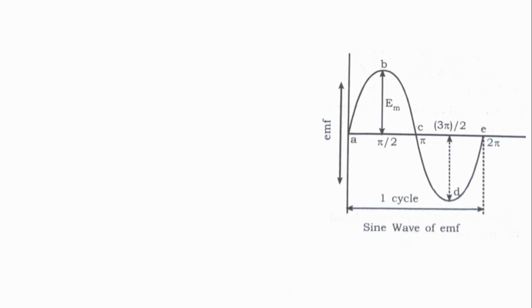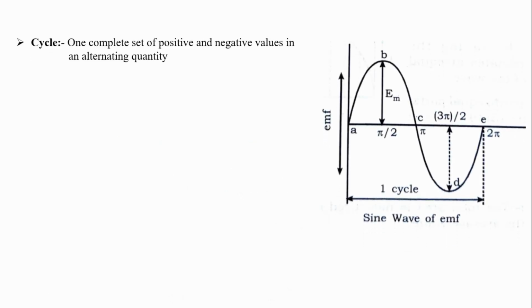So this is the sine waveform. What is a cycle? A cycle is nothing but one complete set of positive and negative values in an alternating quantity. Positive and negative, so this is one cycle.